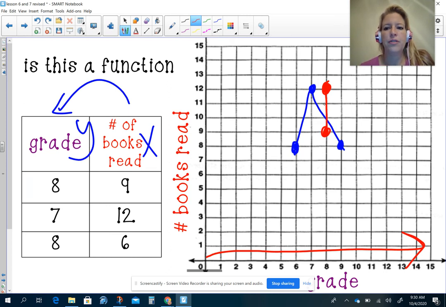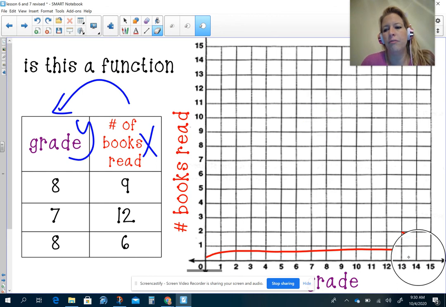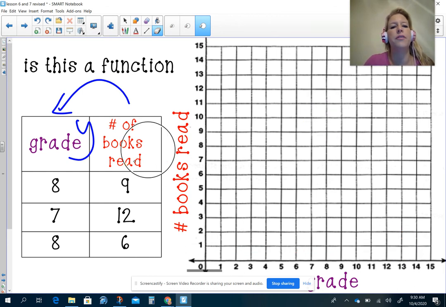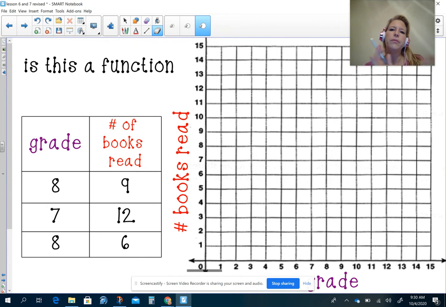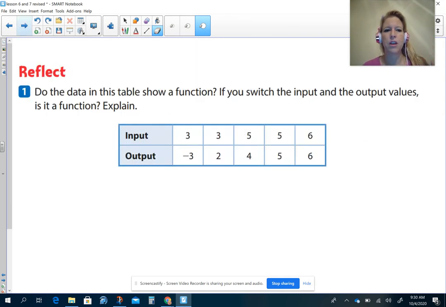And in order to have 2 of the same, I would have to be in 2 places at once. That's not possible. That's why it's not a function. But if I flip-flopped them, this would be functional. Our function doesn't have to have a relationship between each other. I just cannot have 2 inputs that are the same, because that would mean 2 outputs for 1 input, and that's not a function.